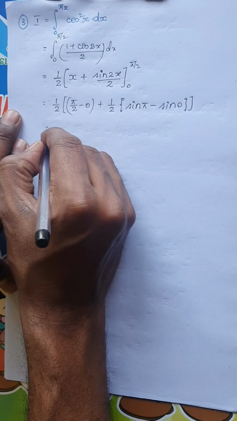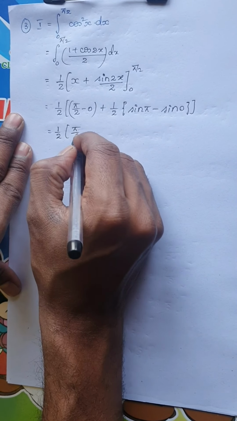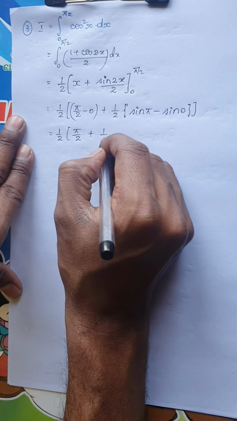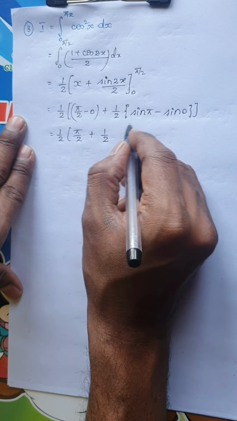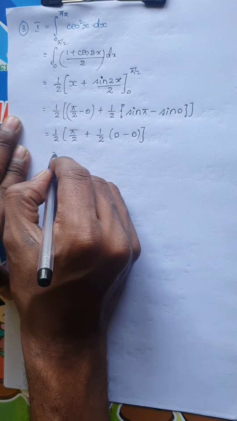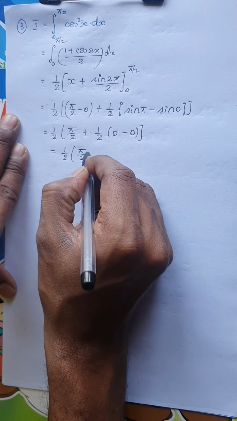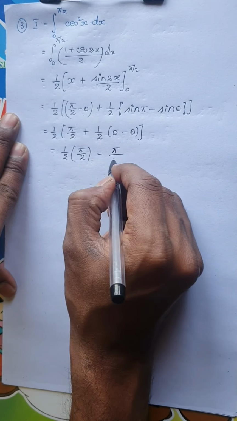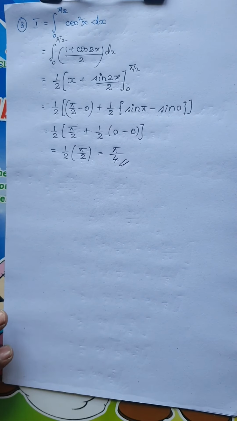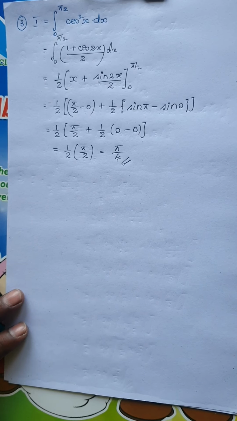So this is nothing but half into pi by 2 minus 0, which is pi by 2, plus half into, again now we know sine pi is 0, sine 0 is also 0. So this term completely becomes 0. So the answer would be half into pi by 2, that is nothing but pi by 4. So this would be the standard answer for the given integral.